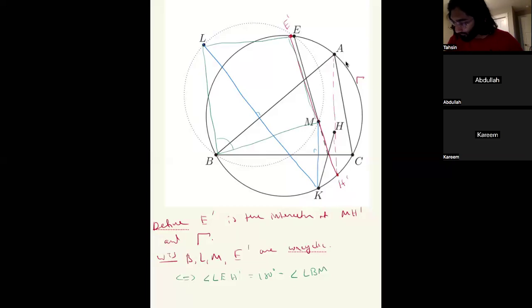So I'm trying to show concyclicity by comparing these angles. Does it make sense? This is E prime, sorry. Okay, are you guys confused?